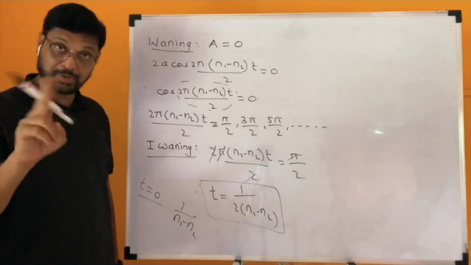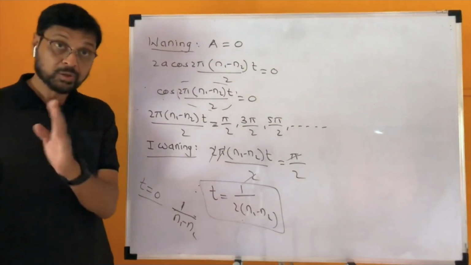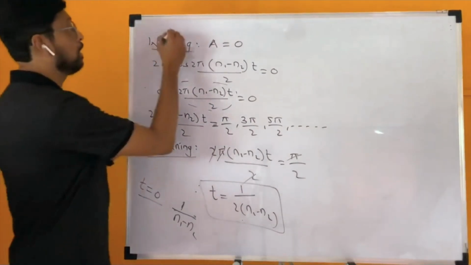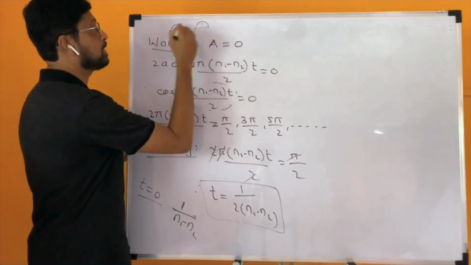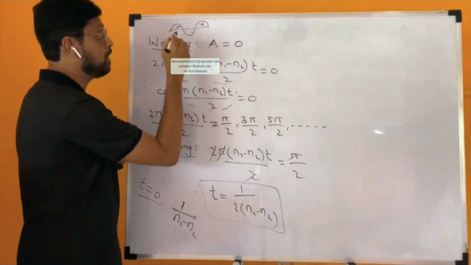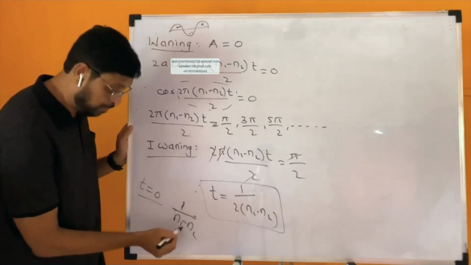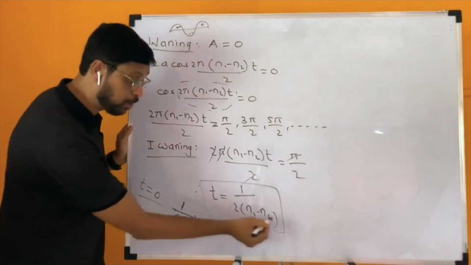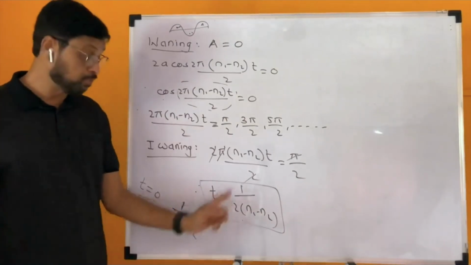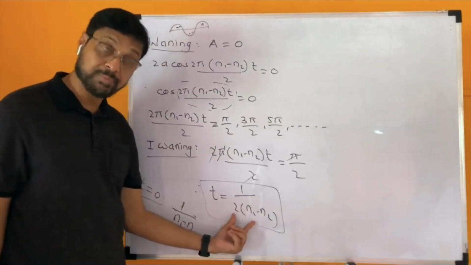The time interval between two waxings is 1/(n1 - n2). waning दोनों के बीच में है ना? तो waxing और waning का टाइम इंटरवल कितना रहेगा? इसका आधा, 1/(n1 - n2) का हाफ, that is 1/(2(n1 - n2)). The time interval between first waxing and first waning is 1/(2(n1 - n2)). So first waning occurs at this time.